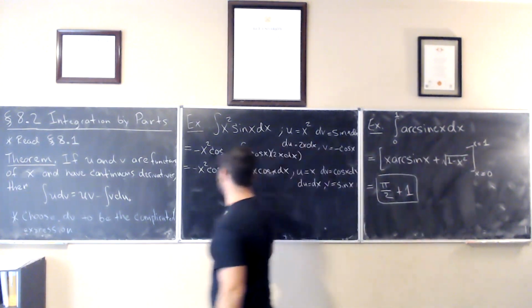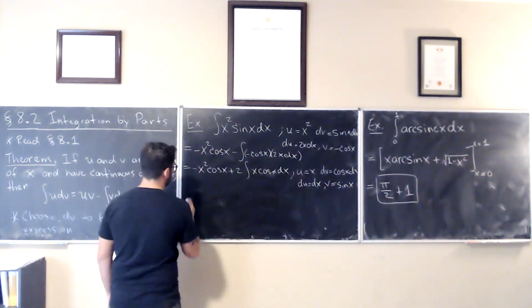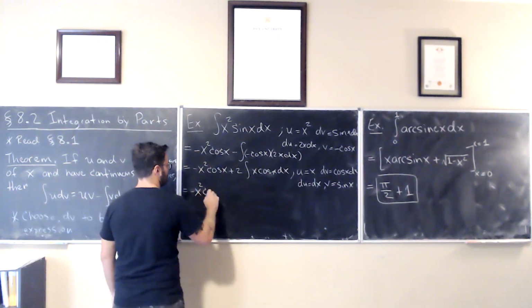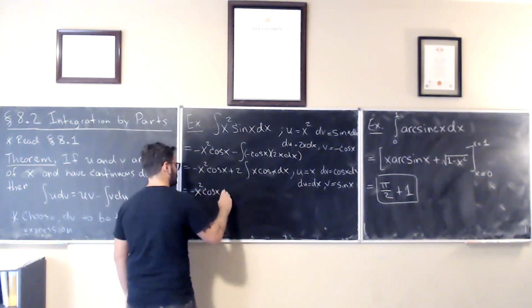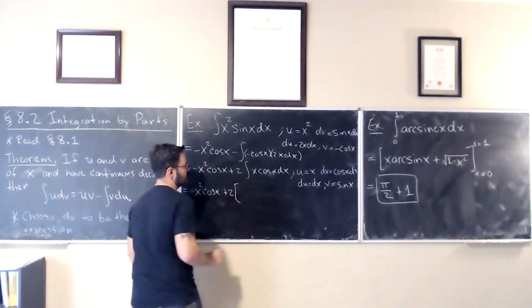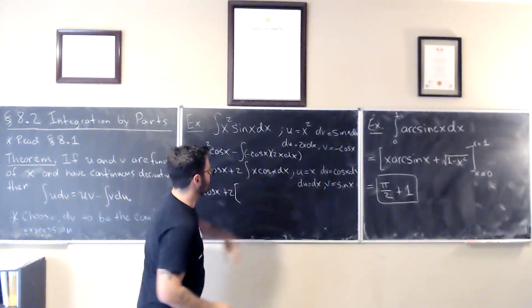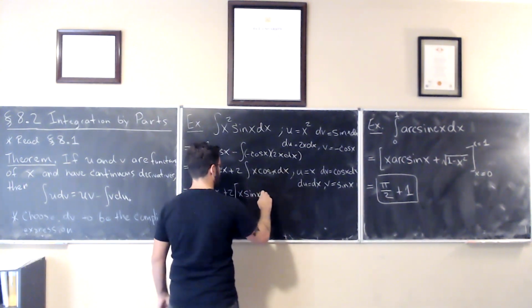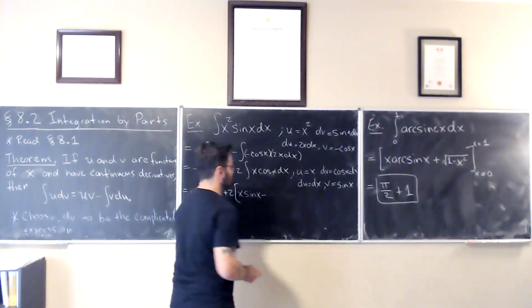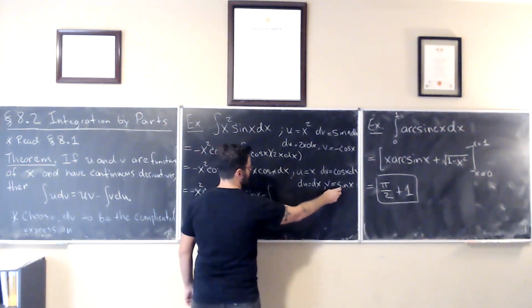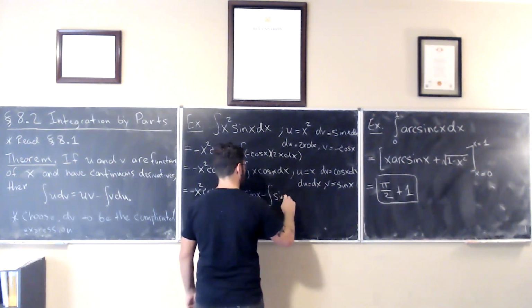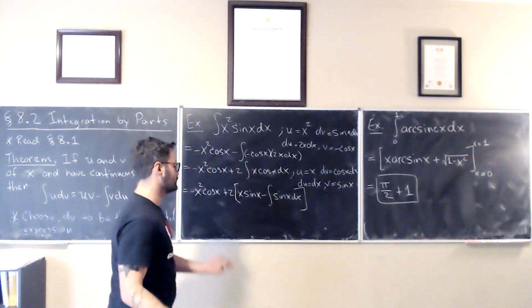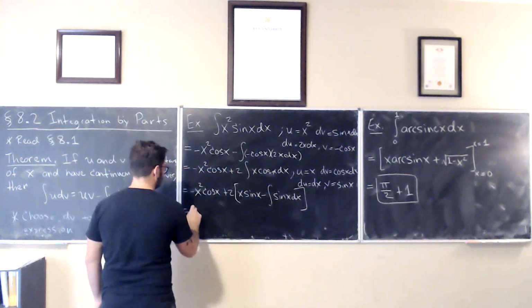So now, plugging back in and being careful that 2 is multiplying everything. So negative x squared cosine x plus 2 times this integral. So uv is x sine x minus the integral of v du. And finally, we got to a simple integral that we can apply the standard integration techniques to.